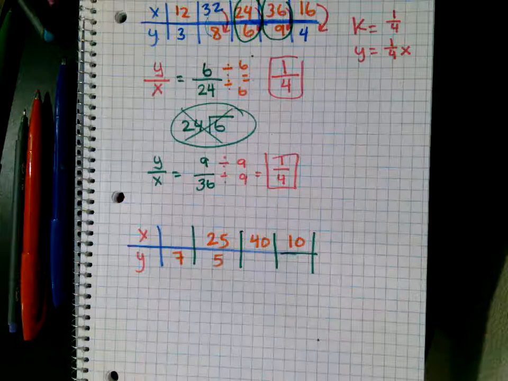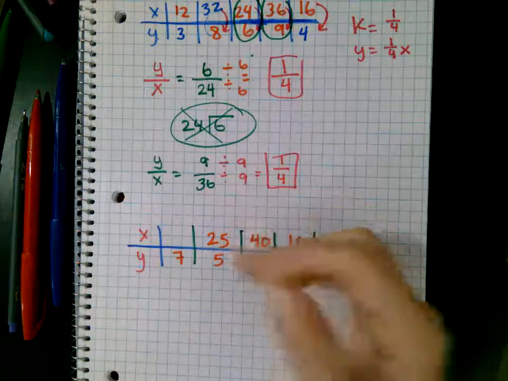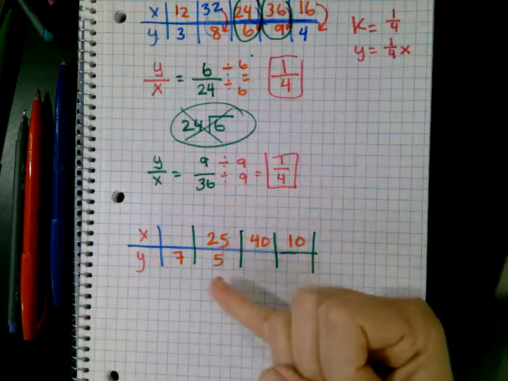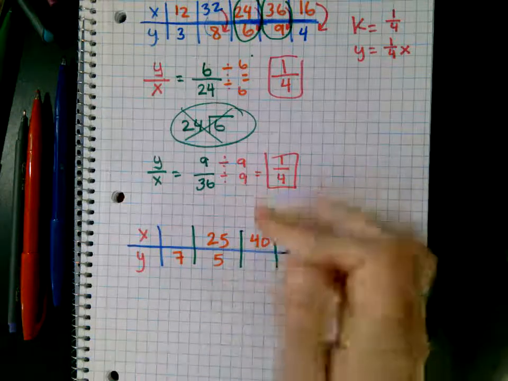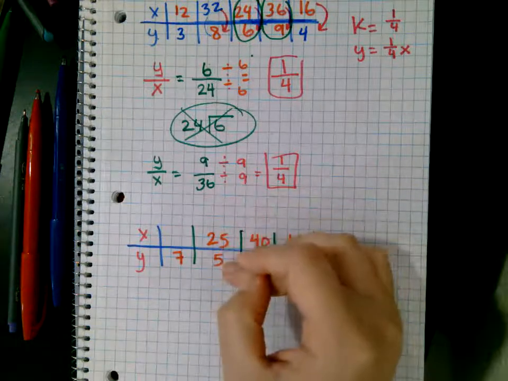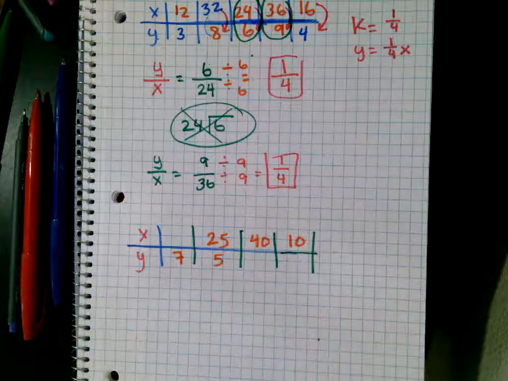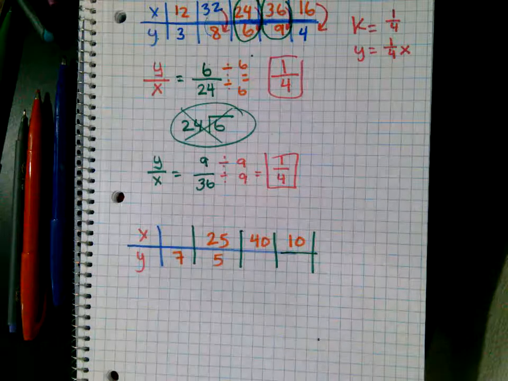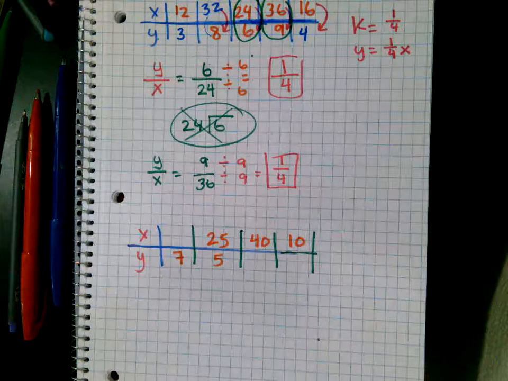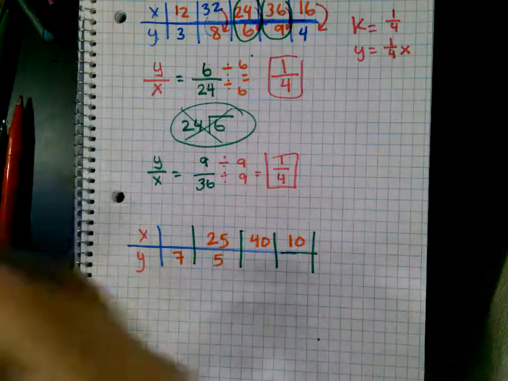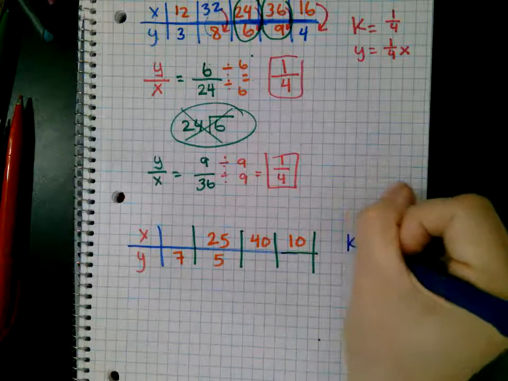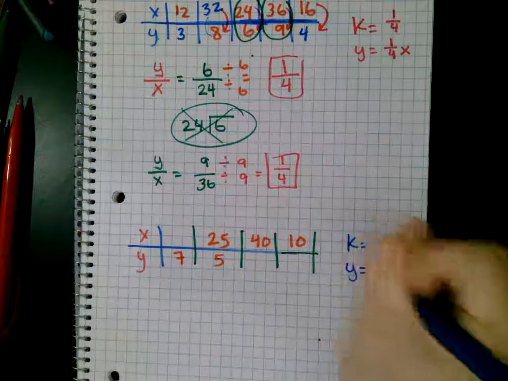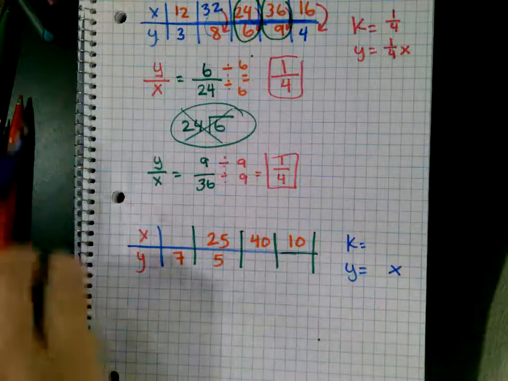Now, notice that in the given pair, X is big and Y is small. So when you're going from a big number to a small number, red light flashing, warning, warning, you're dealing with a constant of proportionality that is a fraction. Okay, that should give it away. So we're going to go K equals, and your equation is Y equals something times X, right?